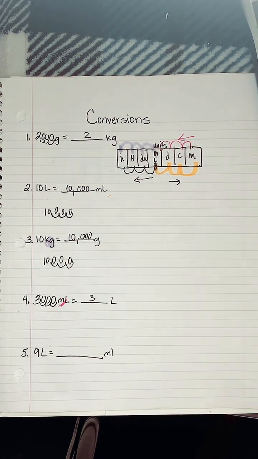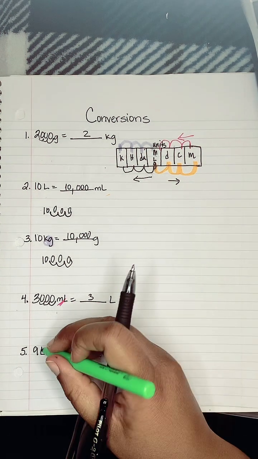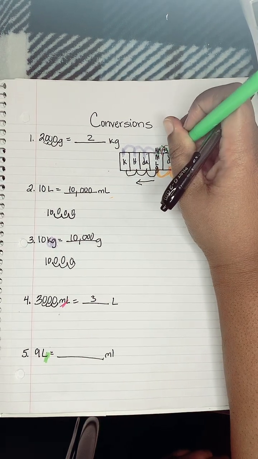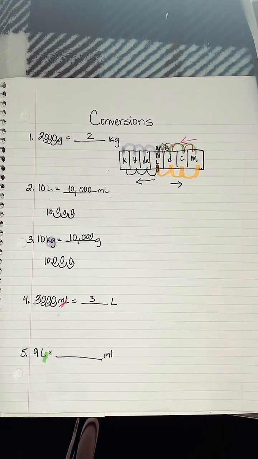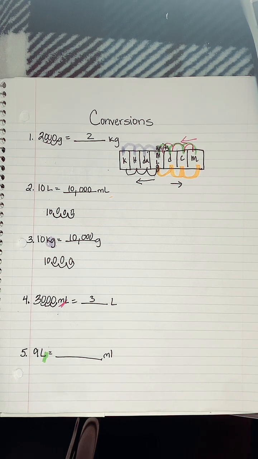All right, 9 liters. Okay, 9 liters. So here we have 9 liters. And then we're going to milliliters. 1, 2, 3. Thank you. A viewer said King Harry died Monday drinking chocolate milk. Thank you. King Harry died drinking chocolate milk.